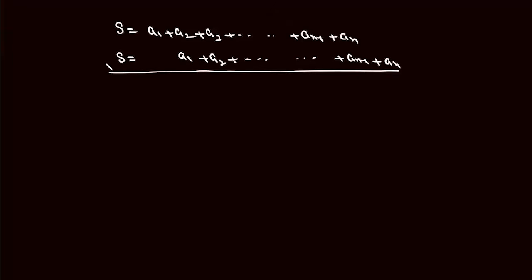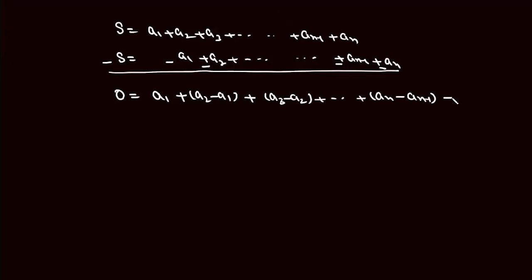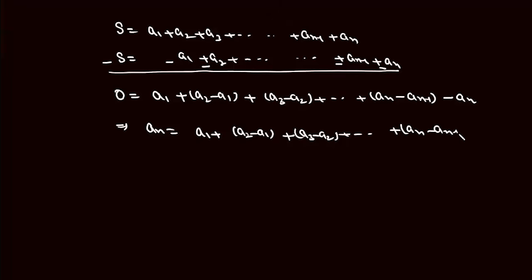Now we'll subtract them. On the left hand side, it'll be 0. Then we'll have A1 plus A2 minus A1 plus A3 minus A2 up to AN minus 1, and then minus AN, or we can simply write this AN as A1 plus A2 minus A1, A3 minus A2 up to AN minus 1.